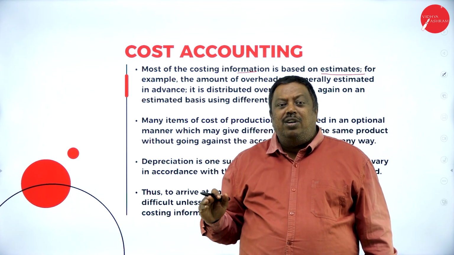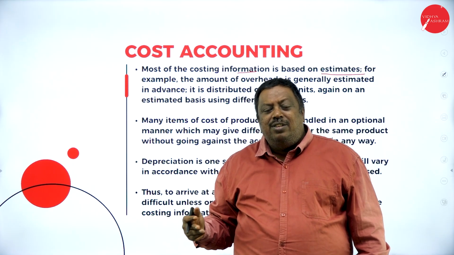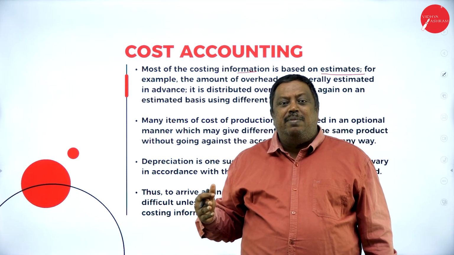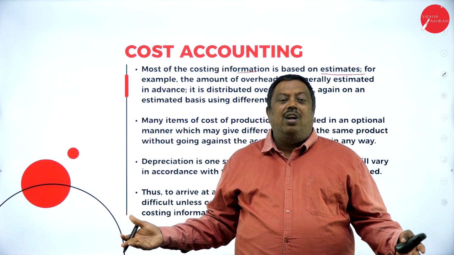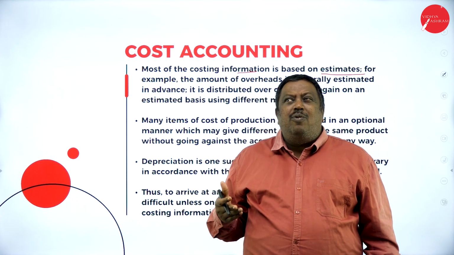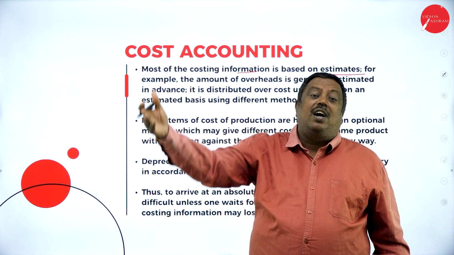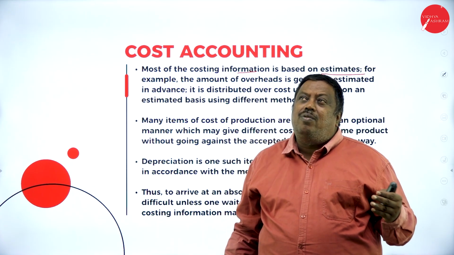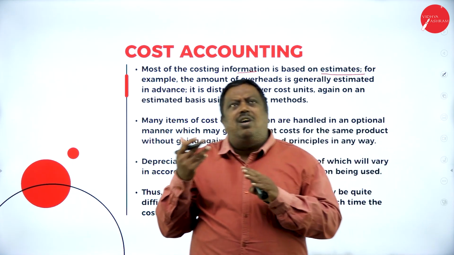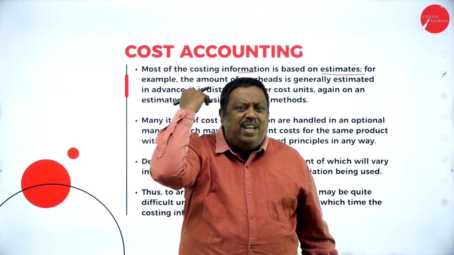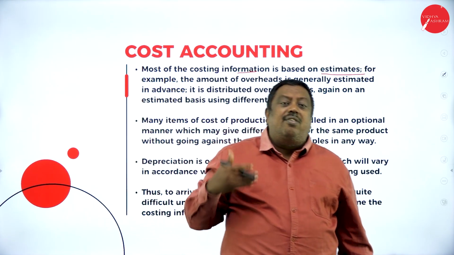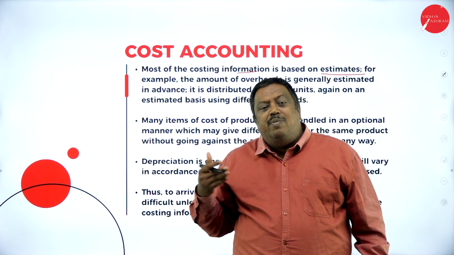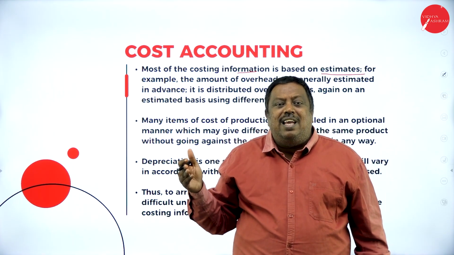So when it is not recorded with a source document, the cost recorded in the books may be estimated or assumed. They may feel, I would have paid this much amount. I don't know exactly, but I think I paid 100 or 150 or 200, or exactly, I don't know. Okay, it may be 125. Like this, I'll think and write it in the books of accounts here. So in such cases, the cost information we have provided cannot be actual.